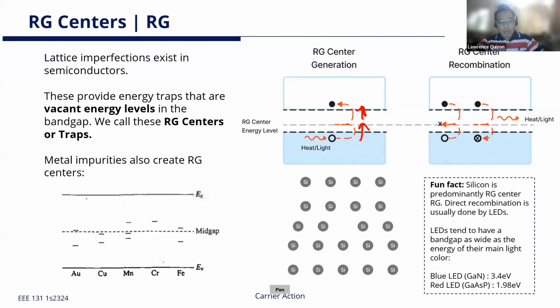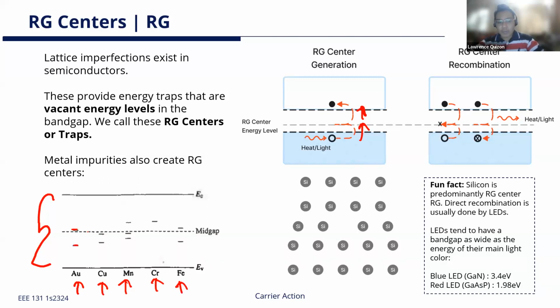You can see here an example of the intermediate energy levels that impurities in silicon give us, for different types of metals. So Au, aurum, gold, Cu, cuprum, copper, Mn, manganese, chromium, iron.